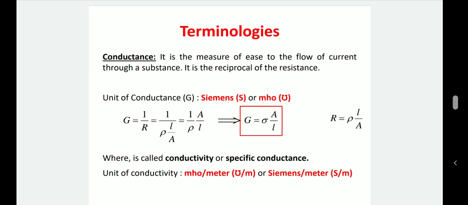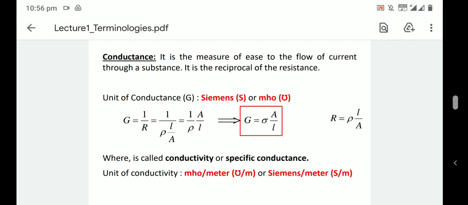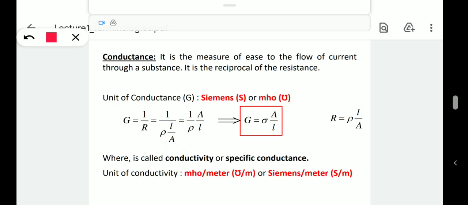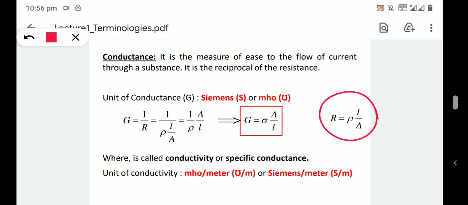Then the equation. We already told that conductance G is the reciprocal of resistance, so G is equal to 1 by R. We have already derived the equation for the resistance, R is rho L by A. So we are replacing R with rho L by A, so it becomes 1 by rho into A by L. This 1 by rho is replaced with sigma.